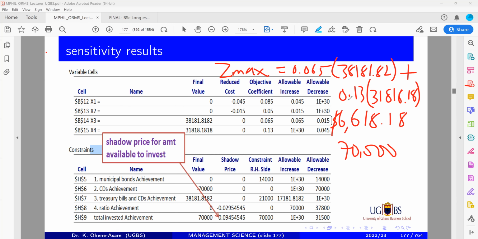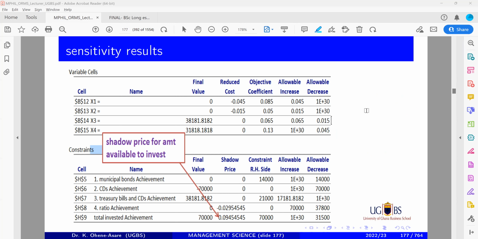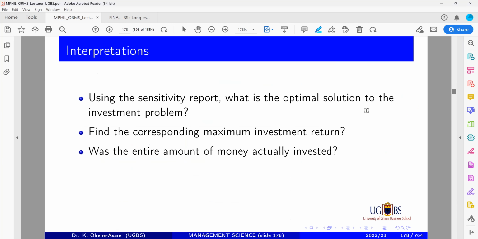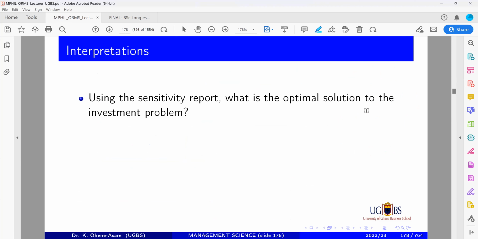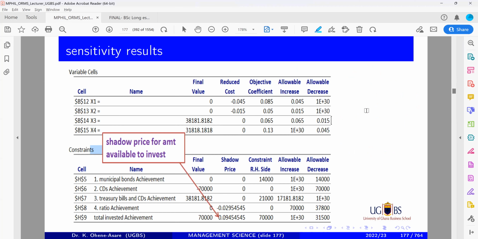The question I asked was, was the entire amount of money actually invested? That was the first justification Princess gave us. Who can give us the second justification to prove that the entire amount was invested? Solomon.